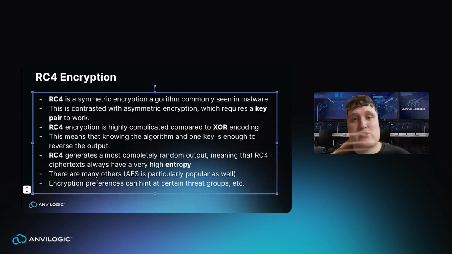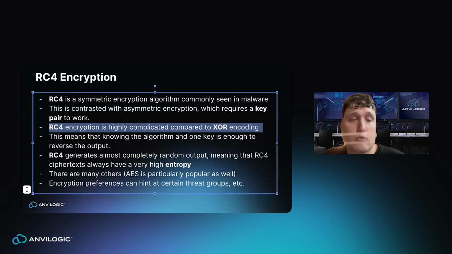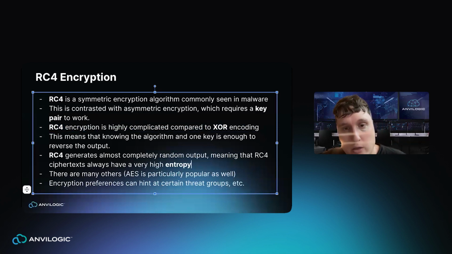The reason for that is crypto algorithms are really not that interesting from the perspective we're looking at as an analyst, because if it's done right, the output should be almost random. So we need to know the algorithm and the key. In some cases, you need to know an IV value. You don't for this, but for some of the other ones like DES and AES, they have other parameters.